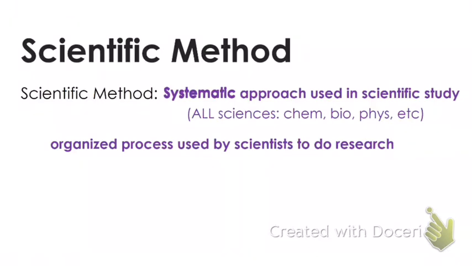Now, you might have seen different steps in the scientific method on posters and such in your academic career, but in general, the scientific method is going to be started with a question, or you're going to see something. Maybe start with an observation. You see something and you wonder what's happening here, and that's when you ask a question.